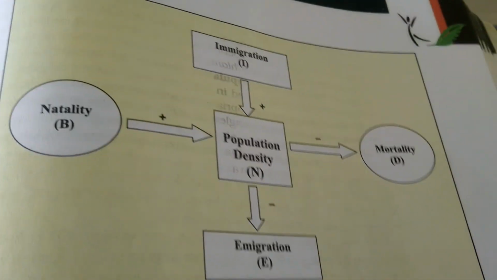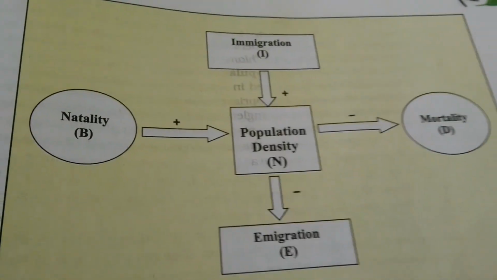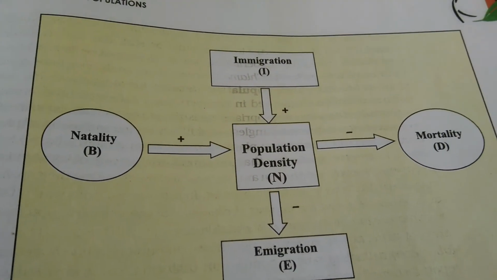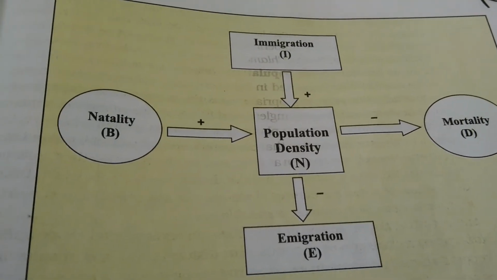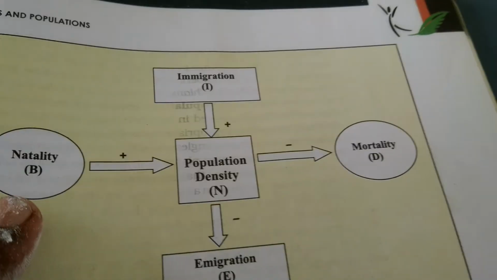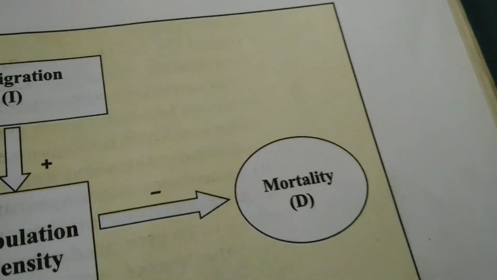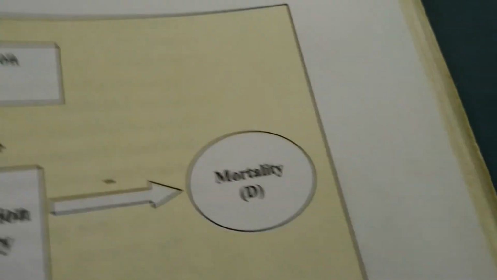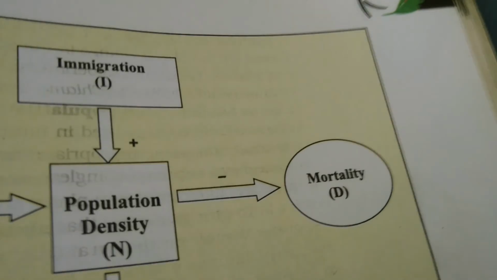See, this representation shows fluctuations of population density. Population density always depends on natality, mortality, immigration and emigration. Population density depends on four processes.